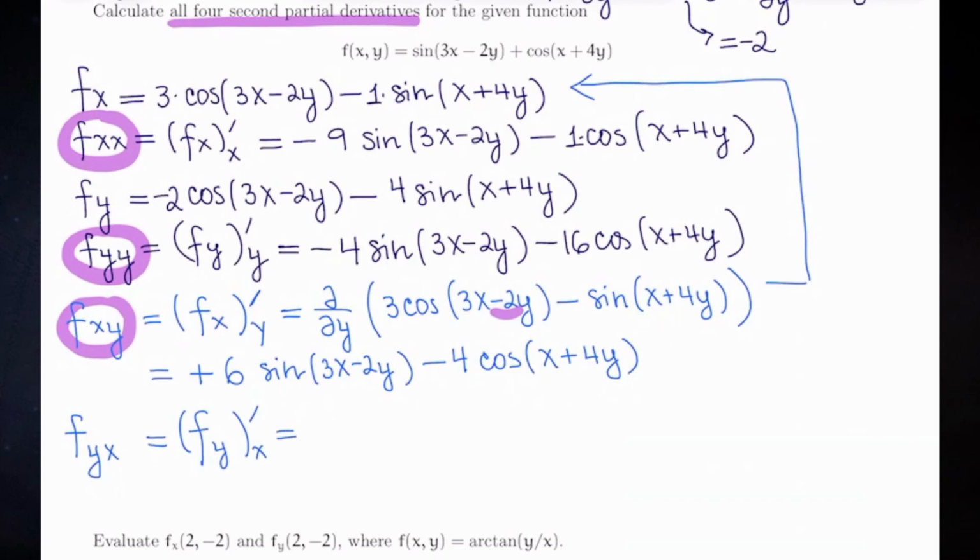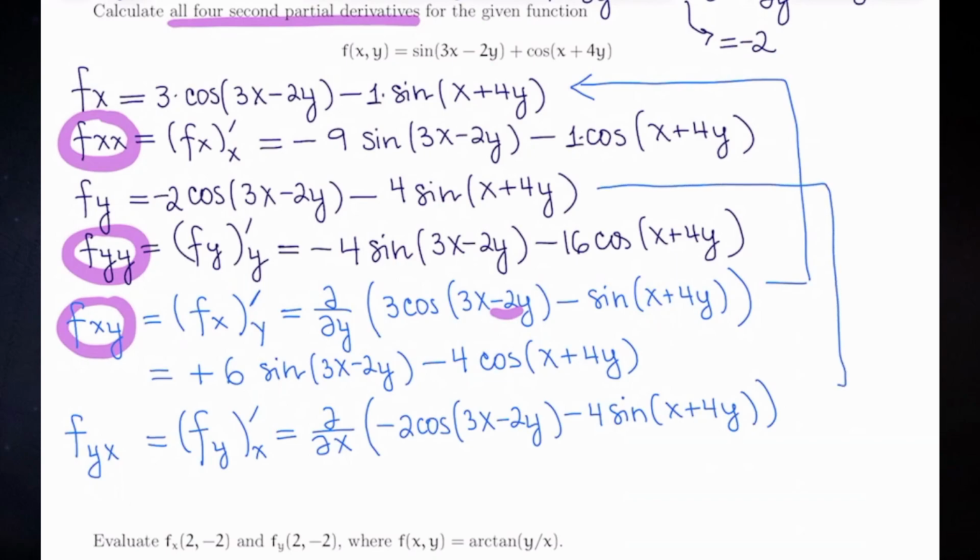So d dx of which function? Now we're going to take negative 2 cosine of 3x minus 2y minus 4 sine of x plus 4y. We're differentiating this expression with respect to x. What does that come from? That's this one right here.